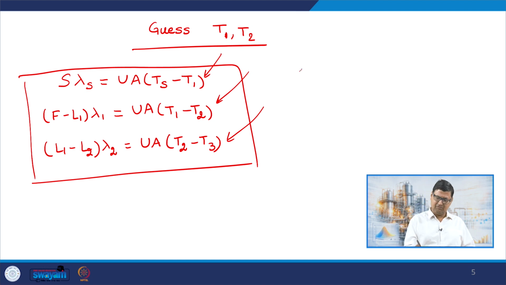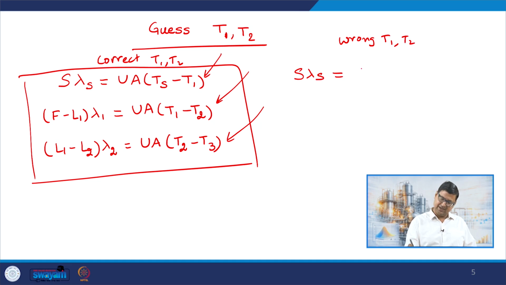So let me label that wrong value of area as something. For correct T1, T2, this should happen. For wrong T1, T2, I can still divide S lambda S by U times Ts minus T1, but I will not get the correct area, I will get a wrong area. Let me call it A1.